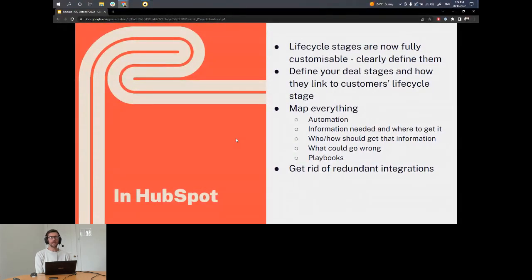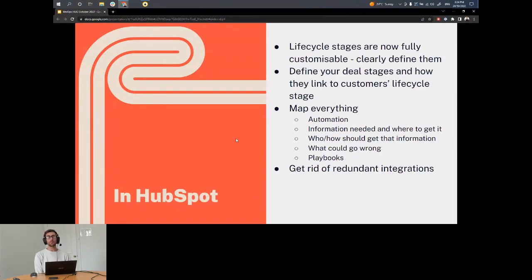And by mapping everything, that means what workflows will you need at which stage, what properties will you need and when, who should be the contact owner at that stage, what's the most likely reason for a lead to drop off at this particular stage.